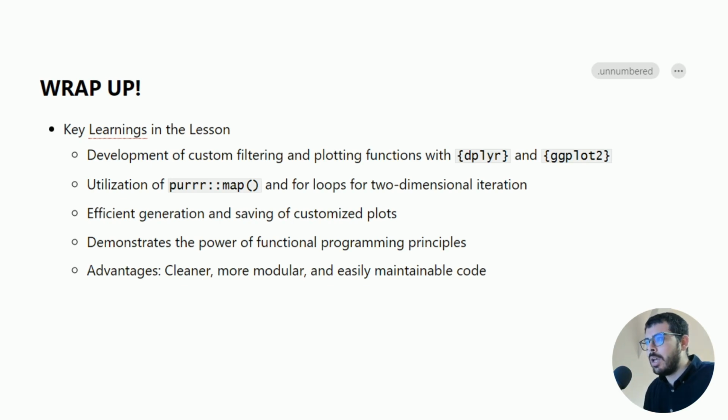And then we also leveraged some of the glue functionalities within this function, where we glue together strings of text with the filter text that we use to filter the data, so that we have more information on the plot itself.